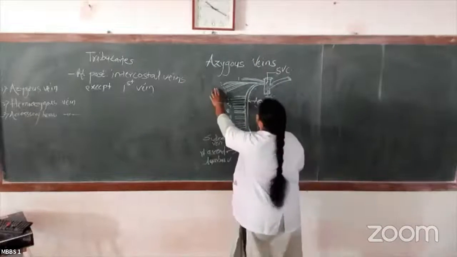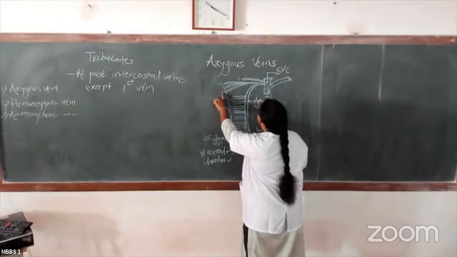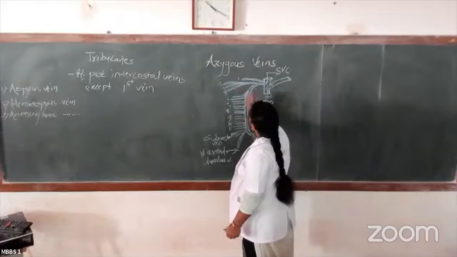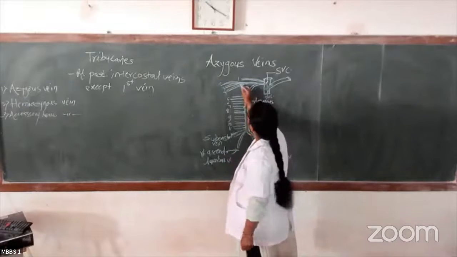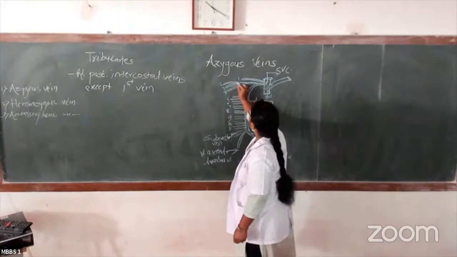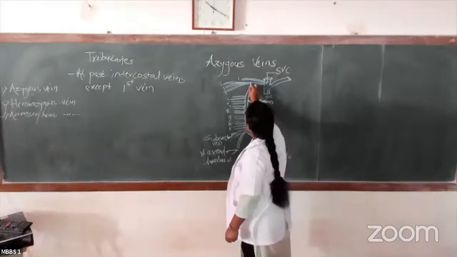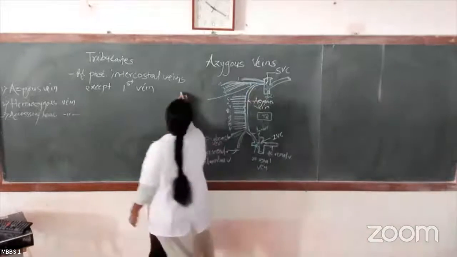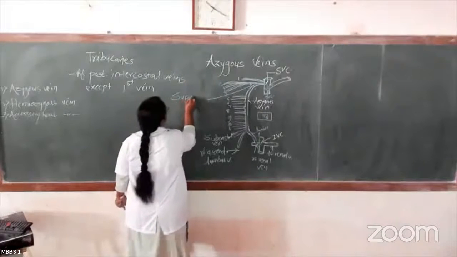Now, the second, third, and fourth posterior intercostal veins join to form a common trunk which is called the superior intercostal vein.